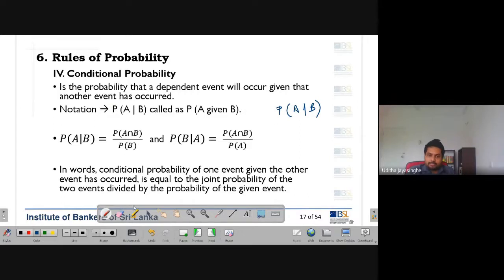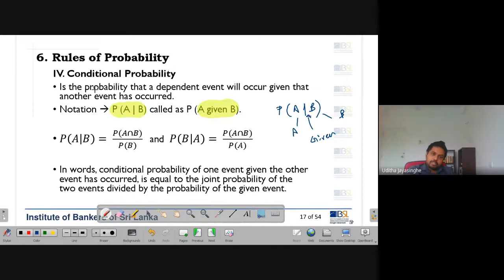Sorry, one more thing which I missed to mention. This is the notation, and this is how we are going to call it: A given B. So effectively, this is A, this is the wording for given, and this is B. Now let's try to define the conditional probability first.